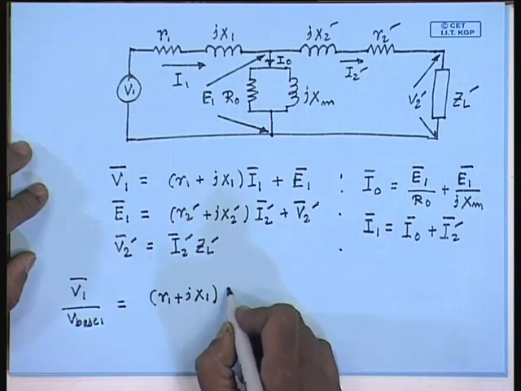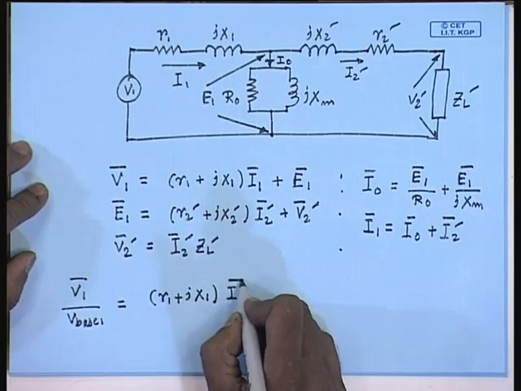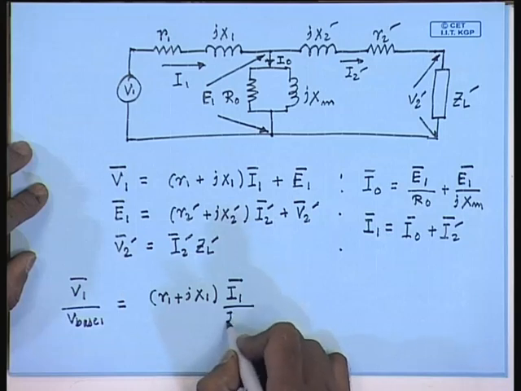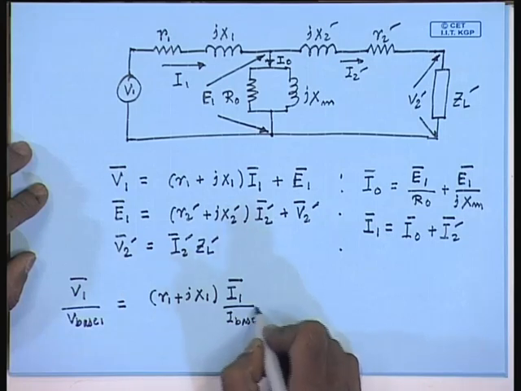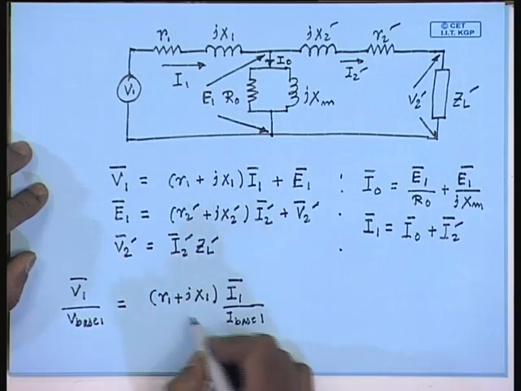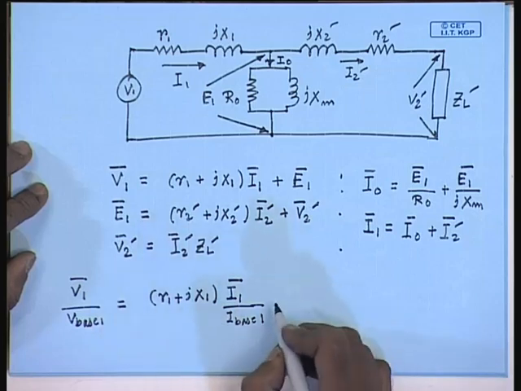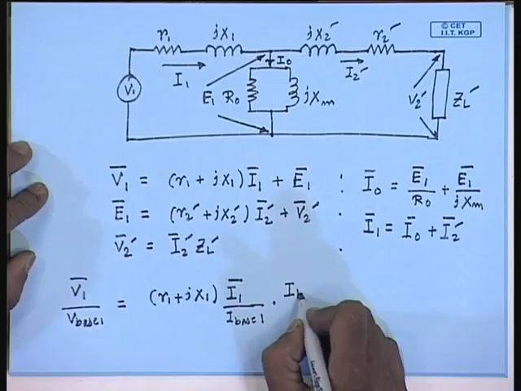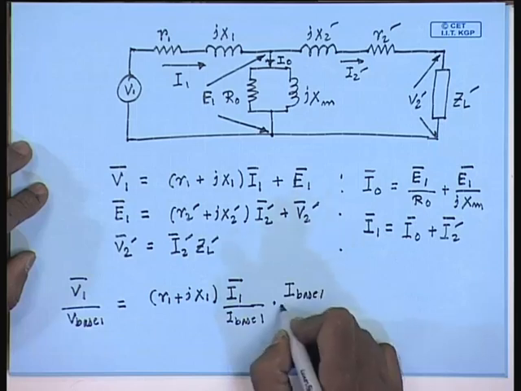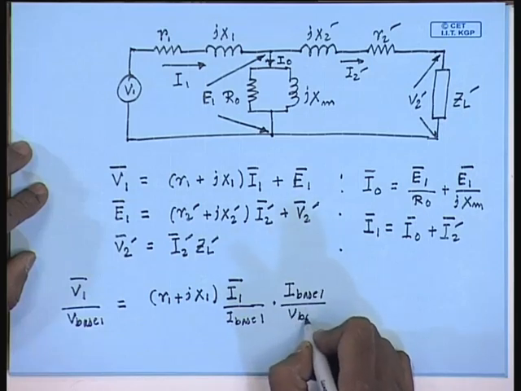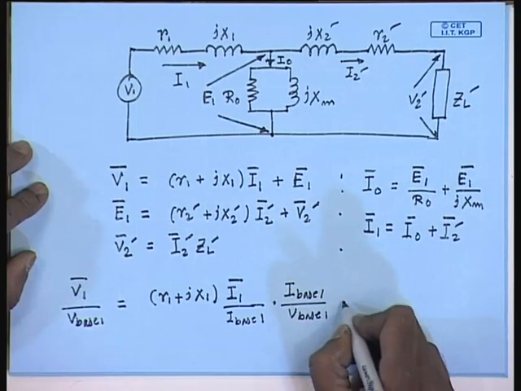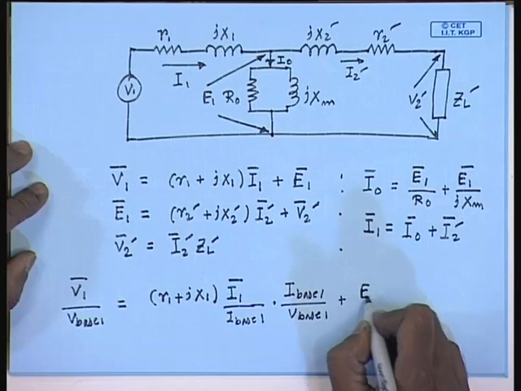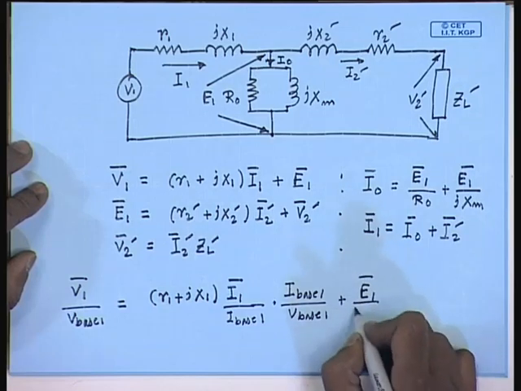Let us also divide I1 by I base 1 and, since we divide, also multiply by I base 1 divided by V base 1, plus E1 by V base 1.